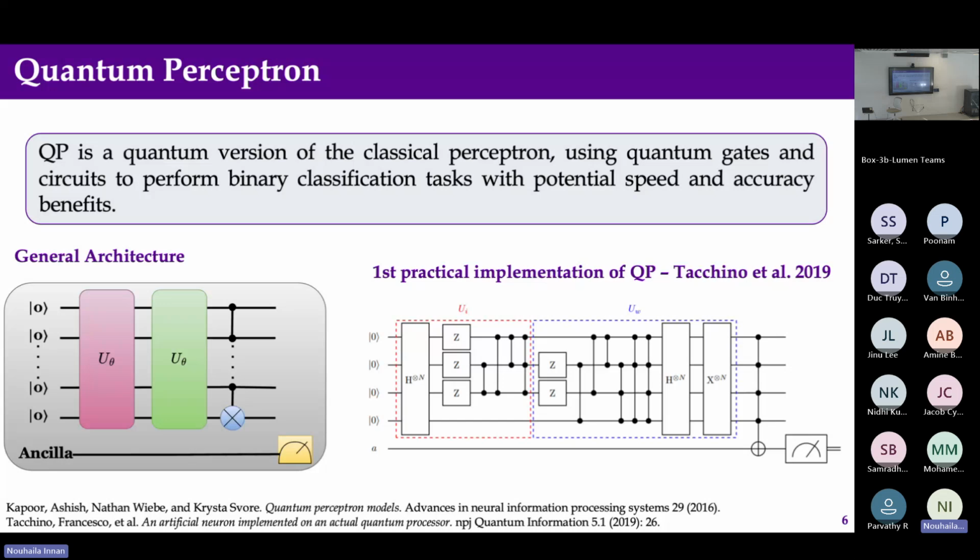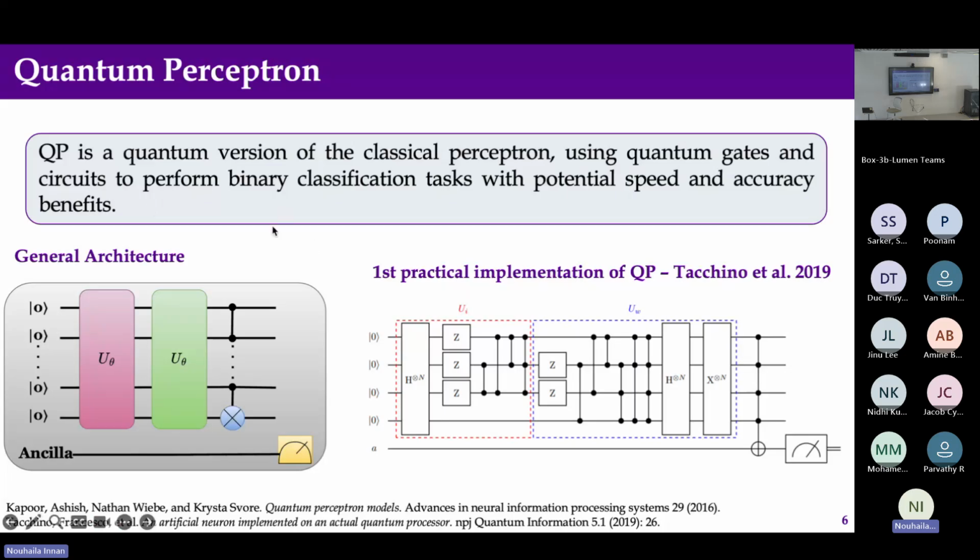Then the qubits, initially in the zero state, are transformed using these gates, which are parameterized to learn the classification boundaries. And here there is an ancilla qubit. This helps in the processing and measurement stages, but it depends.